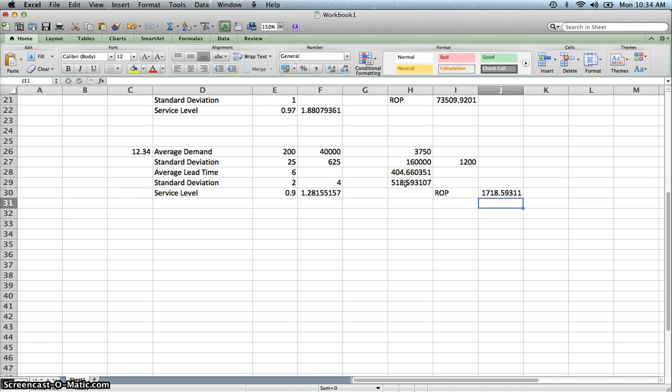And so we're going to carry, in this case, an extra 519 cigars, so at 1,719 we will reorder. And so that is all you need to know in regards to reorder points.